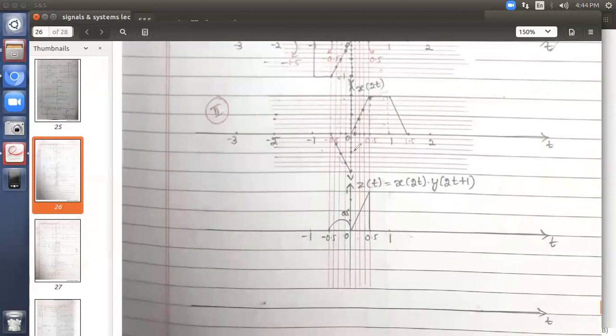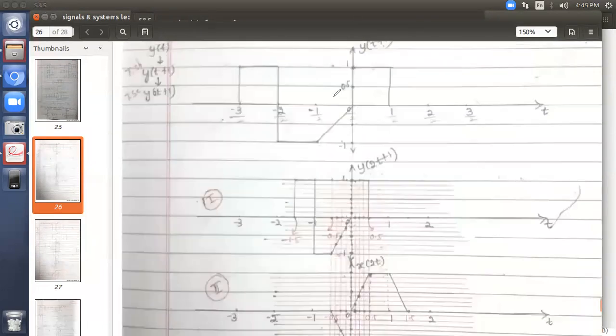You can see, don't think that it is 1 and 2, it is 0.5, minus 0.5 and minus 1 amplitude, 2 units each. Then minus 0.5 to 0, this decreasing slope with minus 1 as the amplitude.